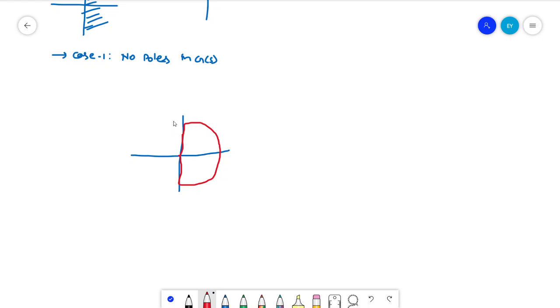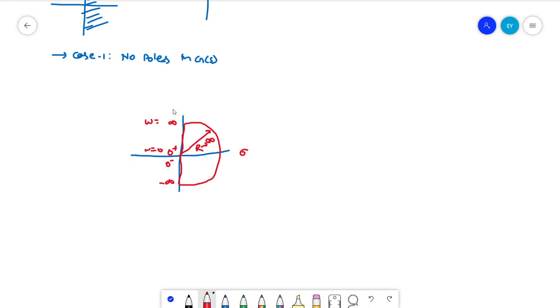Okay, so this will be infinity, this will be 0 plus, and this will be 0 minus, this will be minus infinity. What are these with respect to omega, right? Omega is equal to infinity, omega equal to 0. So this is the whole right hand side plane. We can consider this as a radius which tends to infinity.